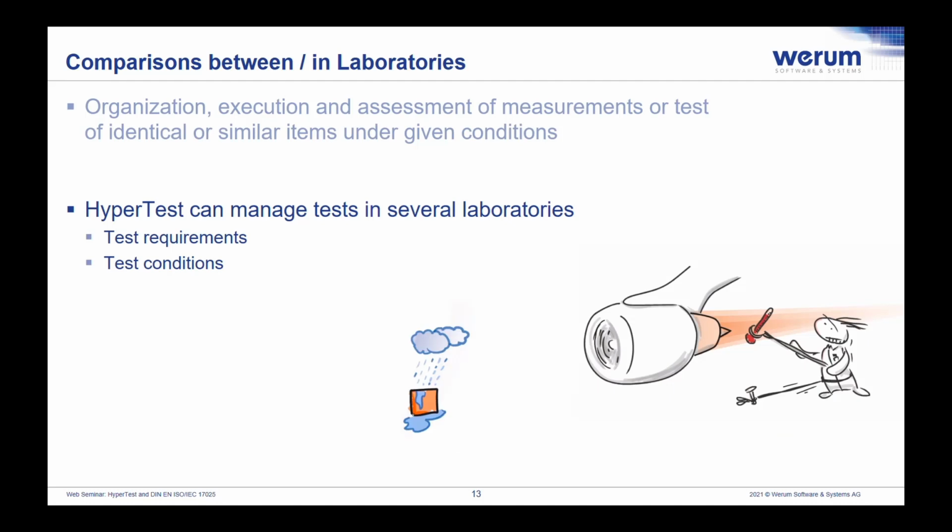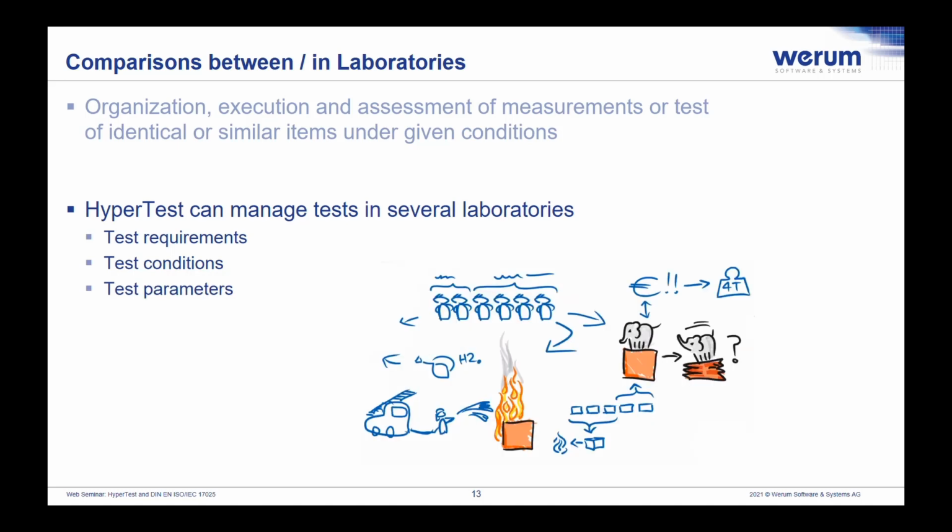In accredited laboratories, temperature and humidity need to be monitored and controlled. HyperTest also acquires this kind of environmental data and stores them together with the other data in the test order. Furthermore, HyperTest manages the test parameters like rotational speed, torque, voltage, power, etc.